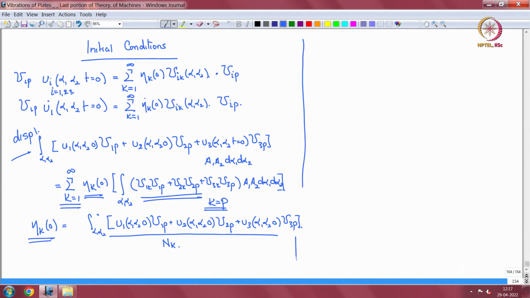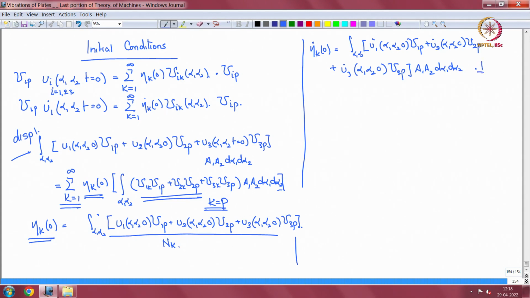Similarly I can get my eta k dot 0, that will be integral alpha 1 alpha 2 u1 dot alpha 1 alpha 2 at 0 u1p plus u2 dot alpha 1 alpha 2 at 0 u2p plus u3 dot alpha 1 alpha 2 at 0 u3p a1 a2 d alpha 1 d alpha 2 divided by nk.